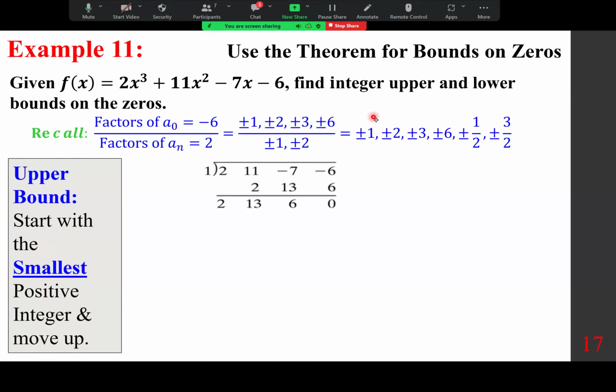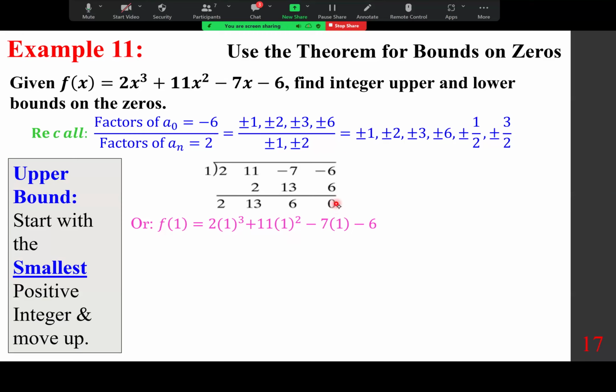And when we do the synthetic division, we end up having a 0. It doesn't have to be a 0, as long as we have a positive value, or for that matter, f of 1 gives you that. It doesn't have to be 0 as long as it's any number that is positive or 0.